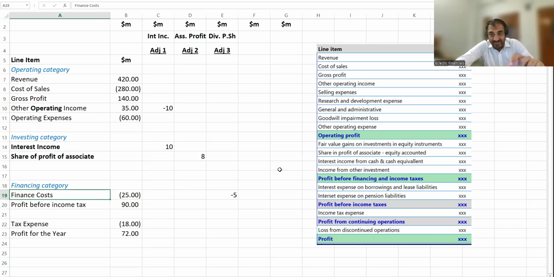So dividend from redeemable preference shares has the same characteristics as other interest cost. For example, on a regular basis you have to pay that redemption, and there's no volatility.